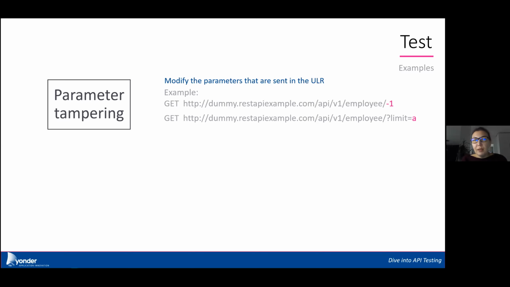So for example, if we have a URL where we also add a parameter to our call, limit equals 1, for example, and limit will accept only integer values, then we can test and add different values for limit, longer integer values, strings, or special characters, and so on, to be able to test all the parameters to make sure that the proper errors appear when they should.